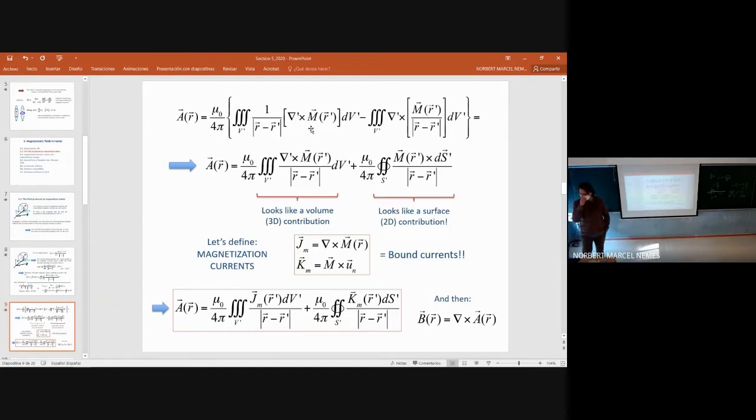or you can simply call it the derivative of a product. Let's say you have two functions, f and g. The derivative of the product is f times g derivative plus g times f derivative. The same thing happens here, but the other way around. We have the gradient of 1 over r.